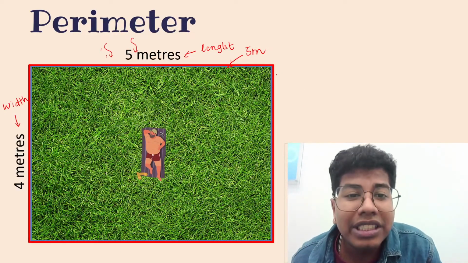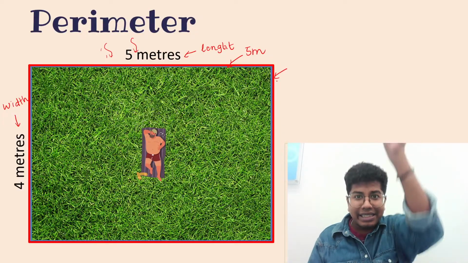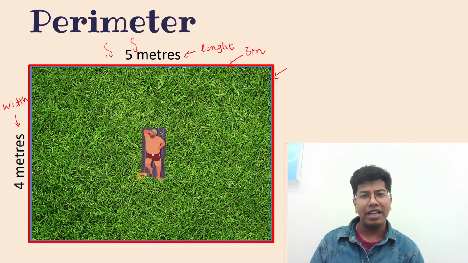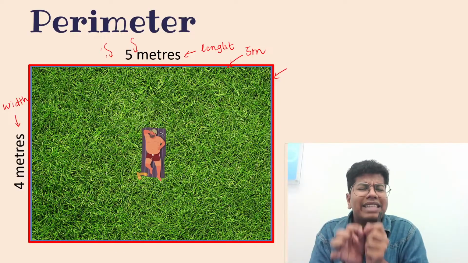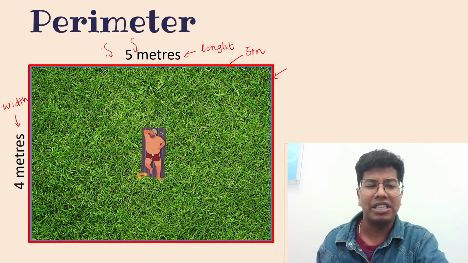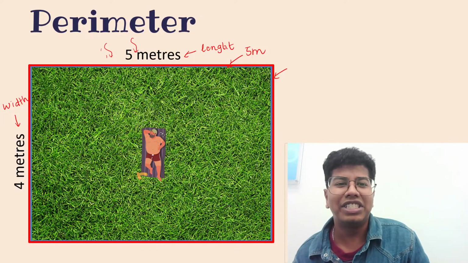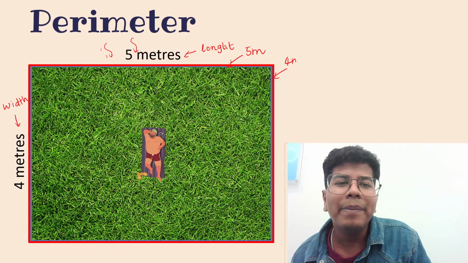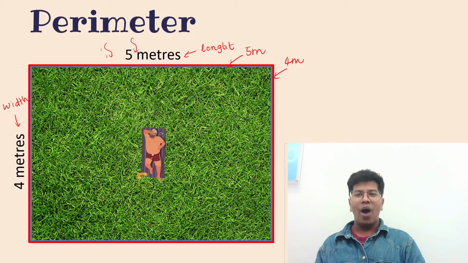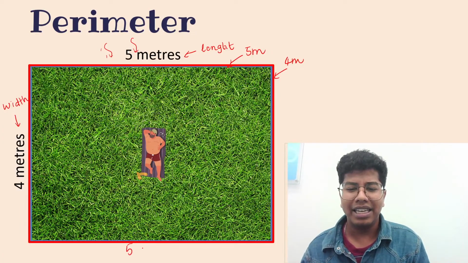Then comes this vertical line that we have to fence. But the question arises, what is the length of this line present here? Perfect. The length is still 4 meters. Now, this part is also 5 meters.